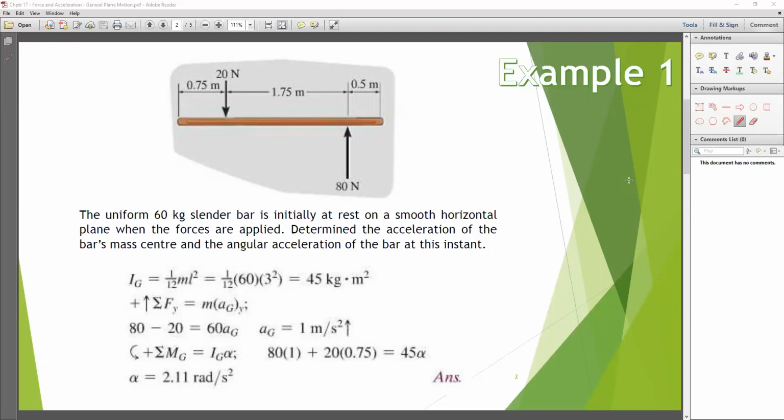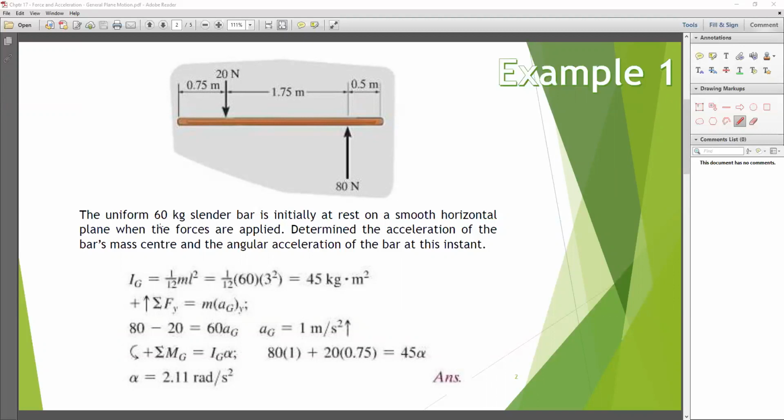Okay, to begin with, we start by calculating the mass moment of inertia of the bar. Here we use the general formula for the bar, which is 1/12 ml squared.